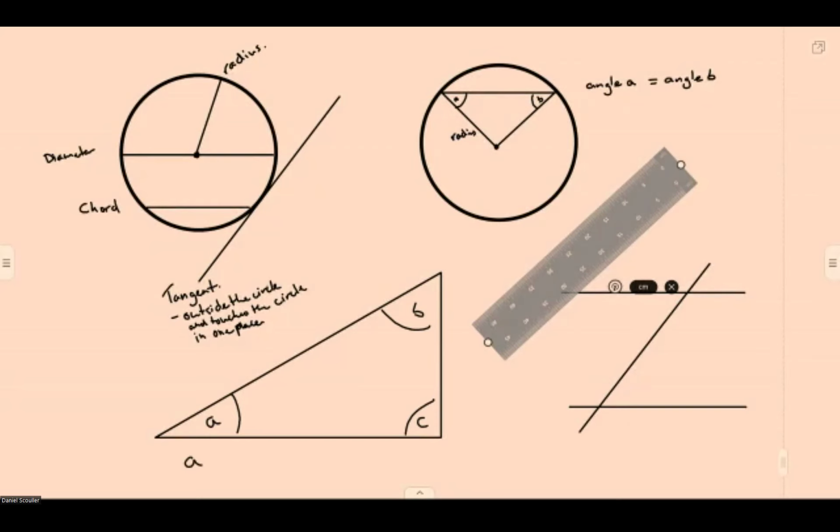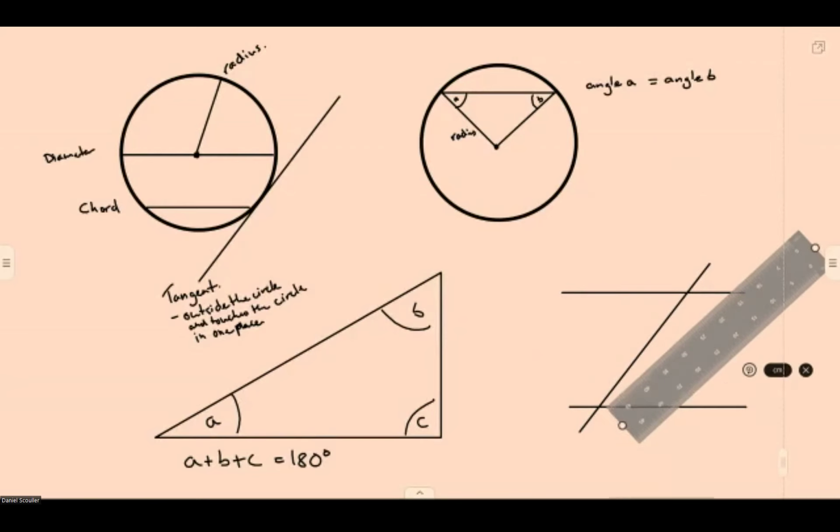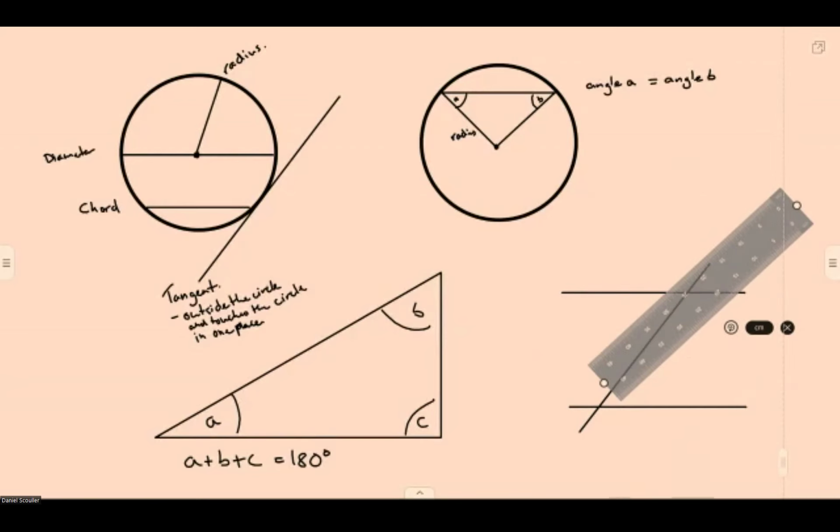So A plus B plus C equal 180 degrees. Okay. Hopefully we're okay with that. So I'm throwing circles at you, I'm throwing triangles at you. It's horrible. I'm not nasty, I promise.